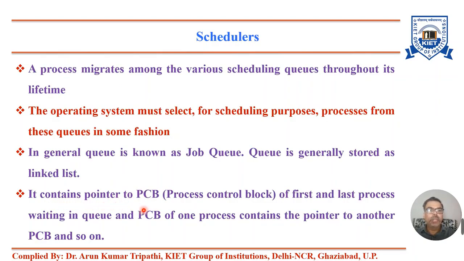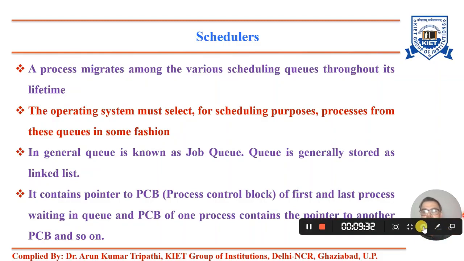It contains the pointers to the PCBs of the first and last process waiting in the queue, and the PCB of one process contains the pointer to another process. Process 1 is there, then it will contain the address of the next process, then the next process. So there is a queue type structure, a linked list type structure.